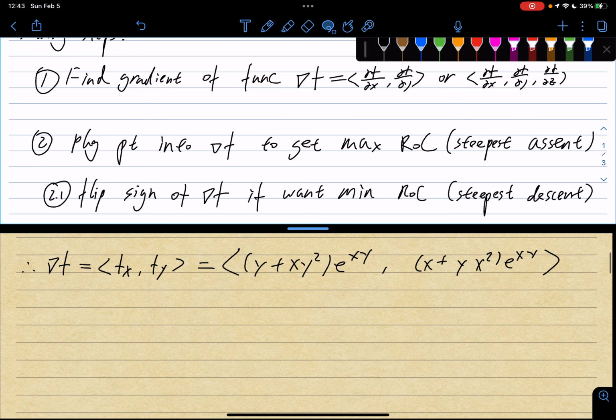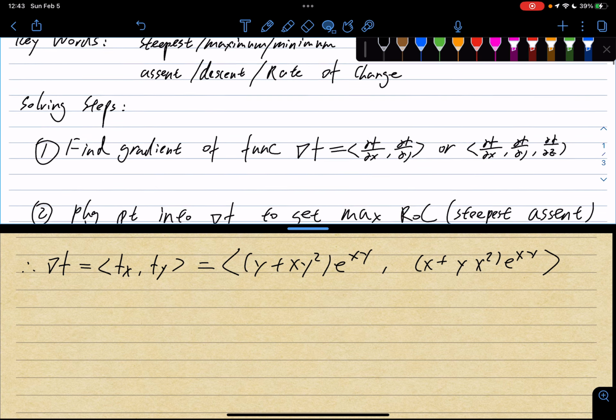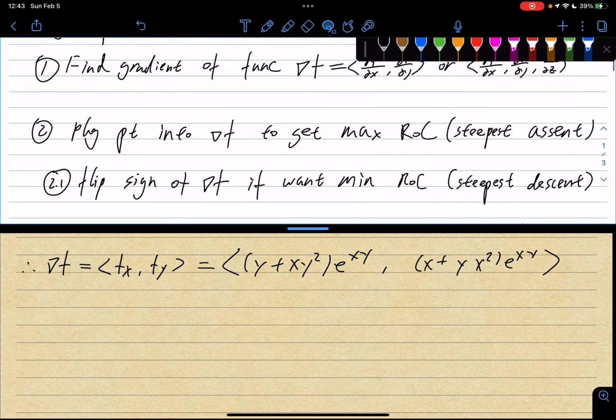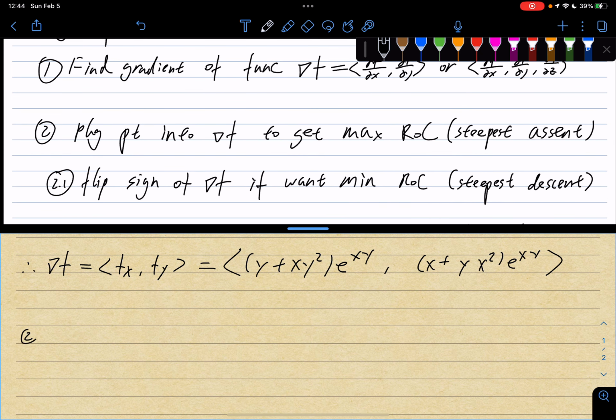In this case, it's asking for the steepest descent, so we are going to do step 2 and 2.1. Step 2 is the gradient of f at (2,3). This will give us (3 + 18) e^6 and then (2 + 12) e^6.